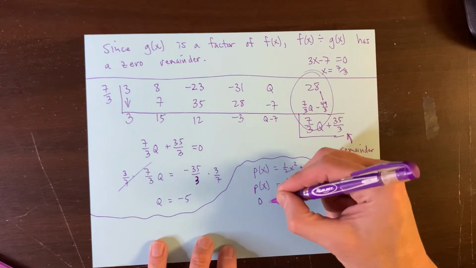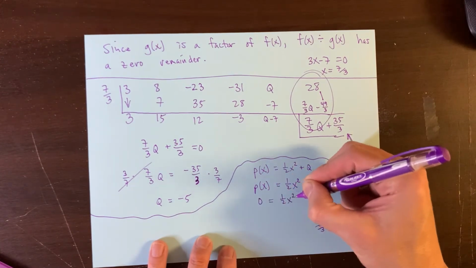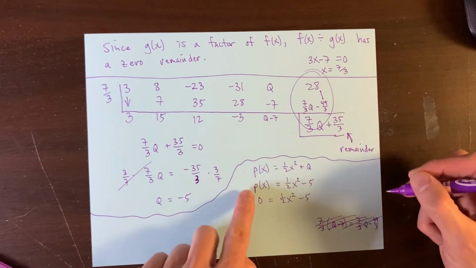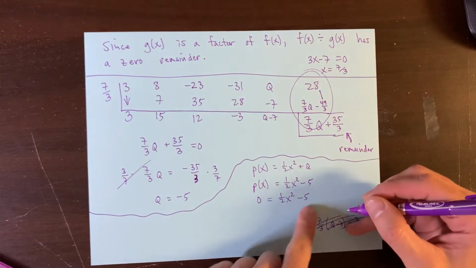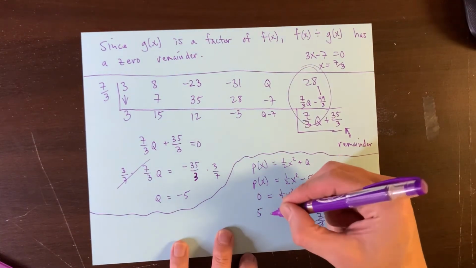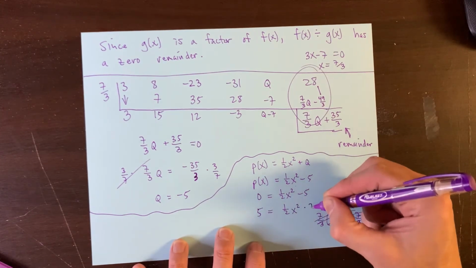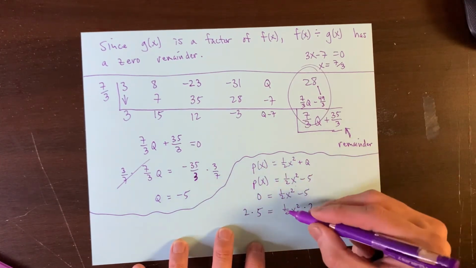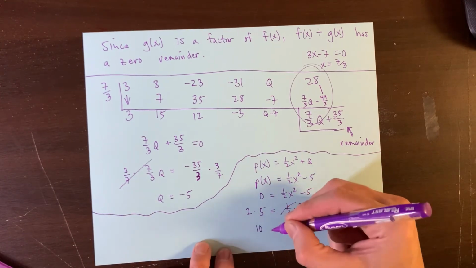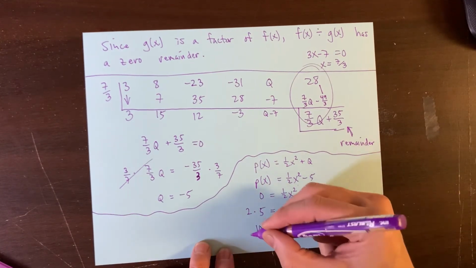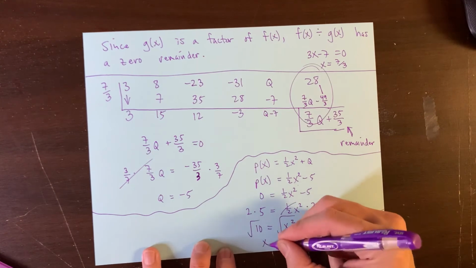But we want to find the zeros of function p. So we set the function equal to 0 and solve. Add the 5 across. Okay. We can multiply by 2 both sides. So that 10 equals x squared. We can square root.